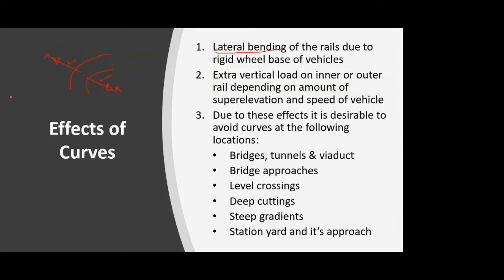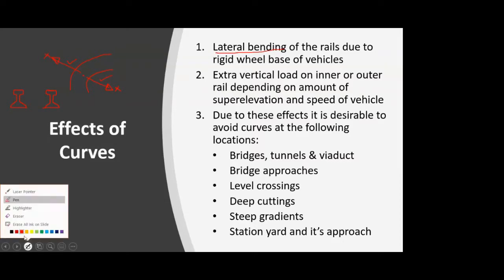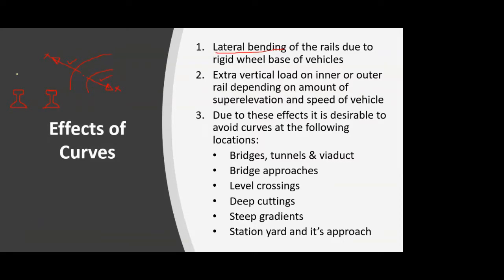So in case of a curve, we all know this is the typical rail section that we have. Now if this is the rail section, two rails that we have, whatever are the wheels, once the vehicle is taking a turn, suppose this is the wheel with the flange assembly.